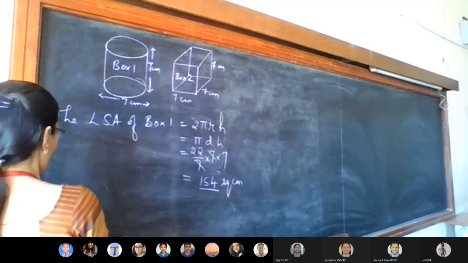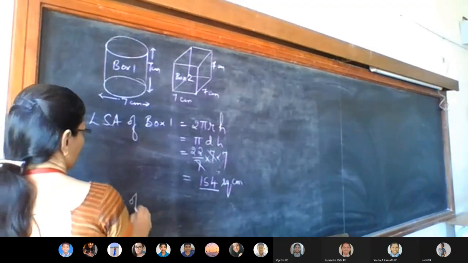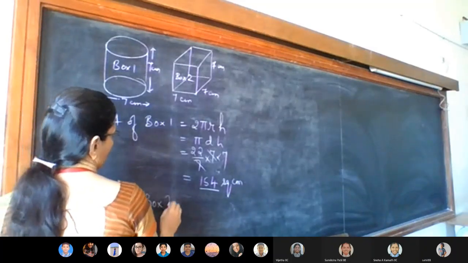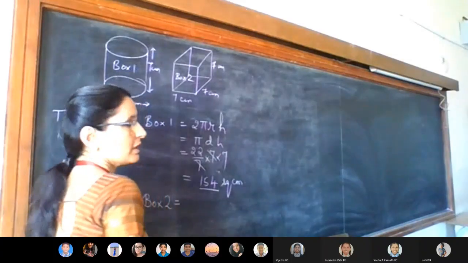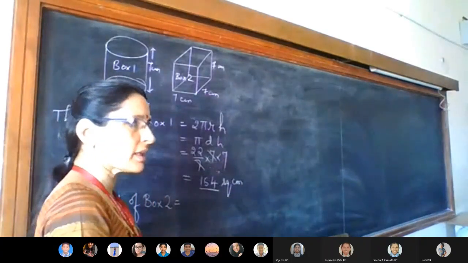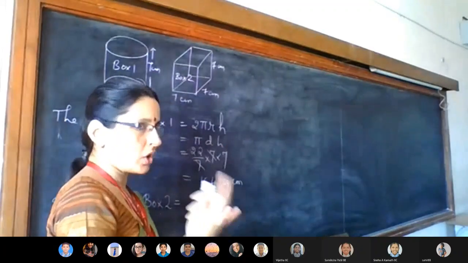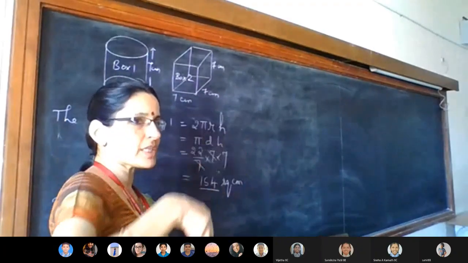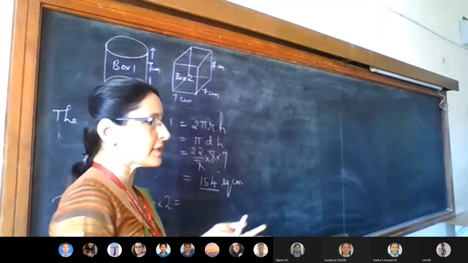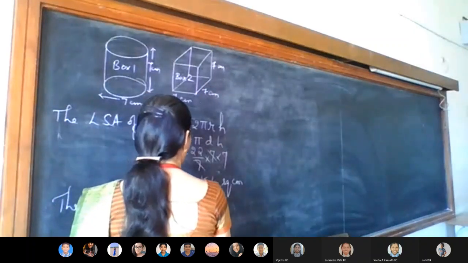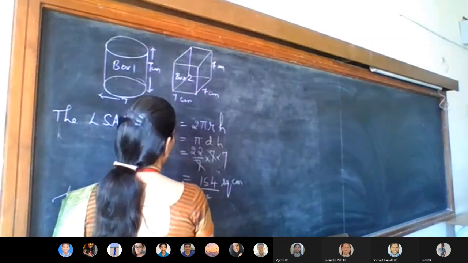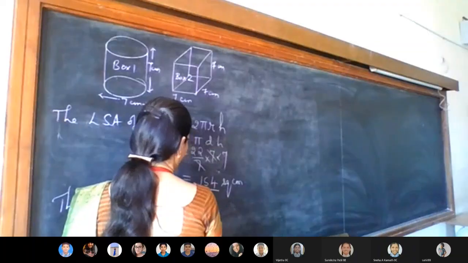Now the LSA of box 2. This also refers to the same. The base perimeter is 4s, into the height, 4 faces. Surface area of a face is s square. 4 faces, 4 times side square. 4 times side is 7 square.